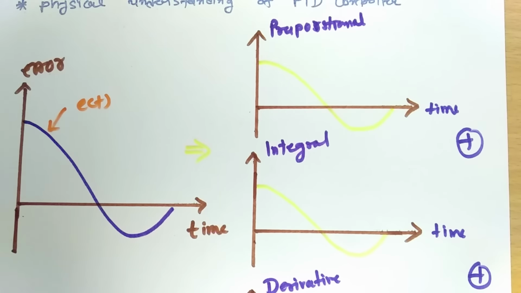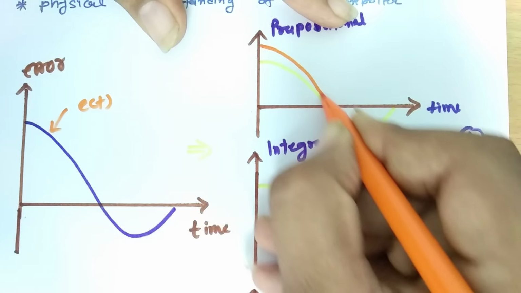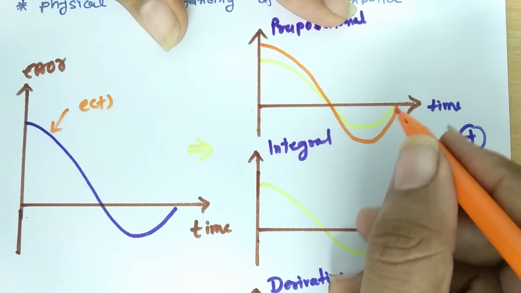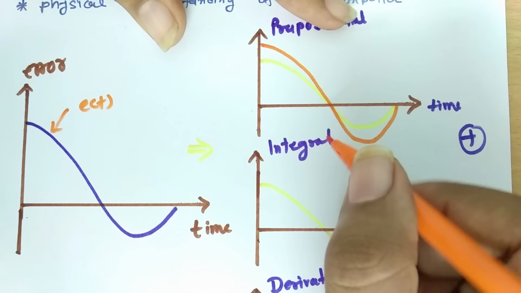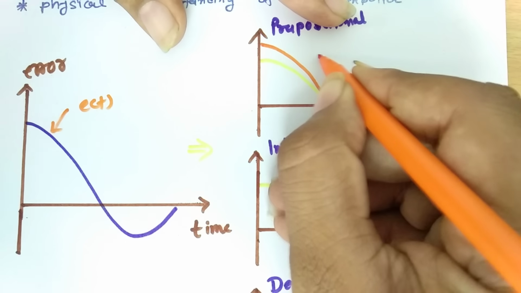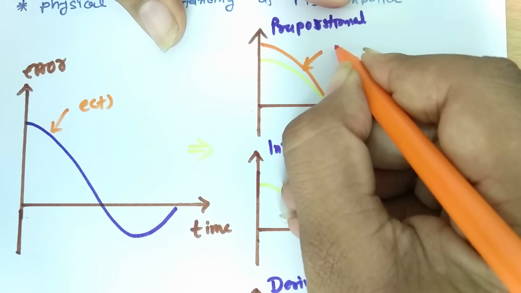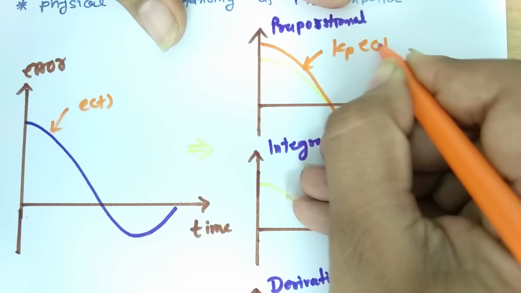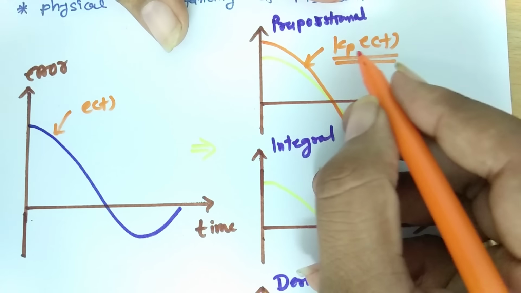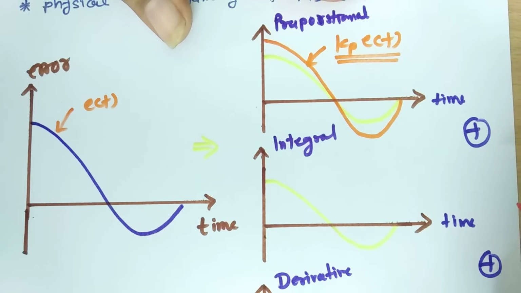When we give this signal to the proportional controller, the output will change with respect to the input. The shape of the signal does not depend on anything other than the error signal, only the gain we multiply with it. So the proportional controller's output will be Kp into e(t). That is similar to e(t), the only thing is we multiply the gain Kp with the error signal. So this is the output of the proportional controller.